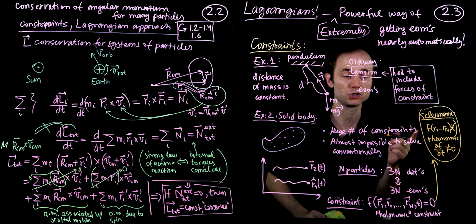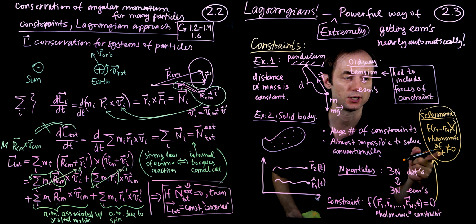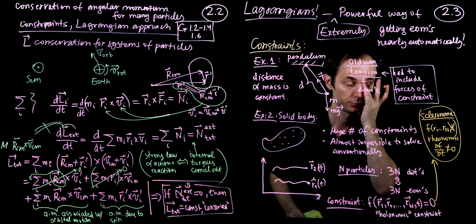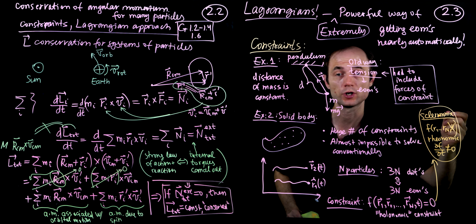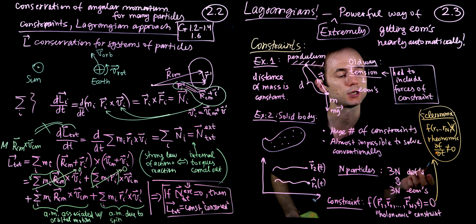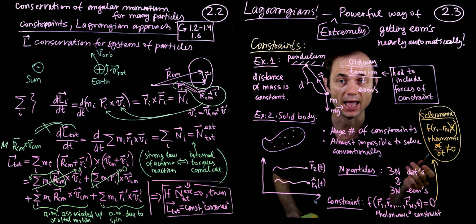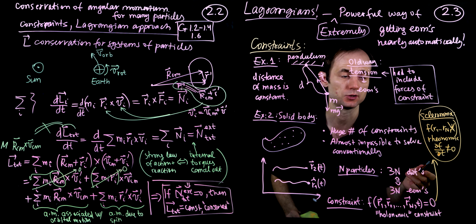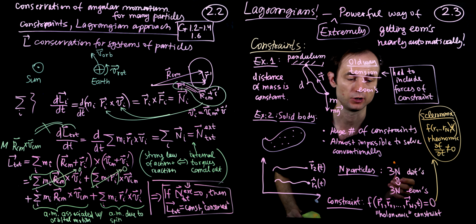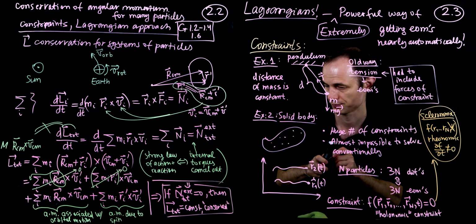And if the constraint explicitly depends on time, then it is rheonomic. So if the constraint doesn't depend on time explicitly, it's called a scleronomic constraint, but if it has an explicit dependence on time, then it's called a rheonomic constraint.